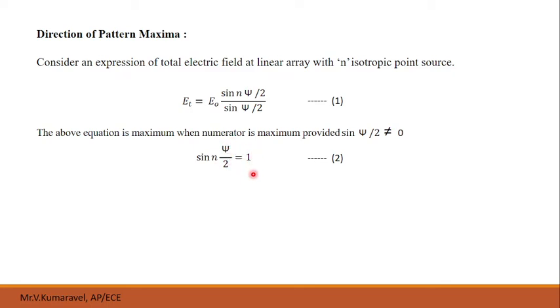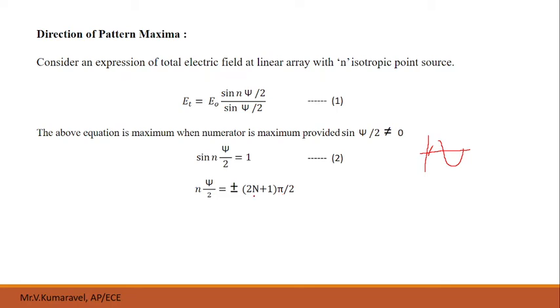Could you remember, if you consider a sinusoidal signal, it will have its maximum value at 90 degrees. So here it will be pi by 2, again 3 pi by 2, 5 pi by 2, 7 pi by 2, and so on. So we can represent this as n xi by 2 equal to plus or minus (2N plus 1) pi by 2.